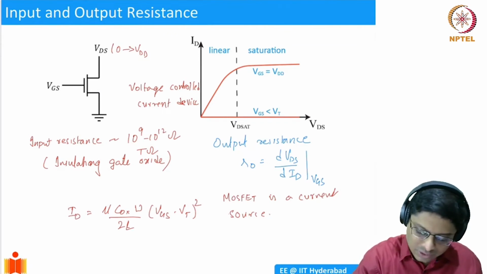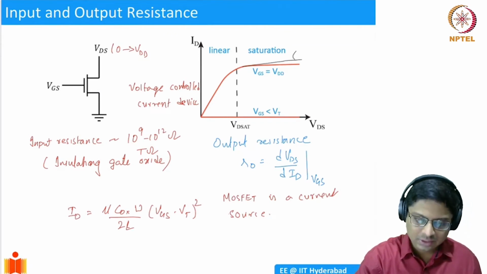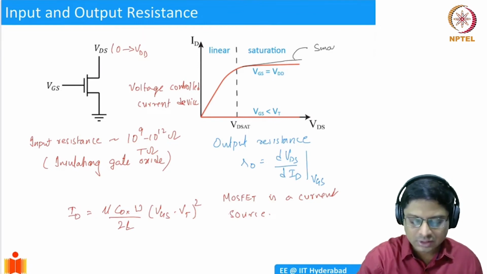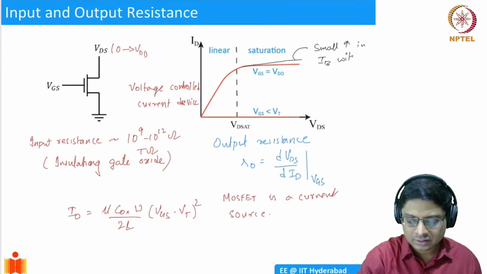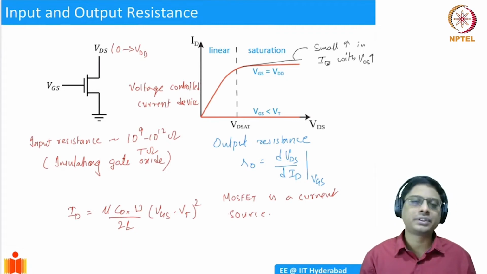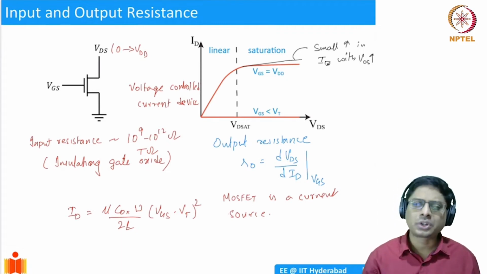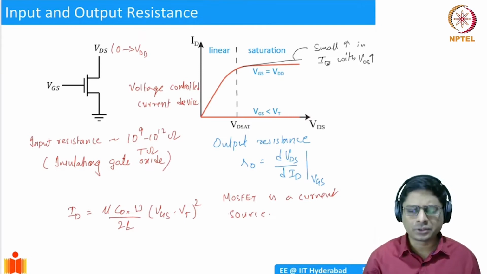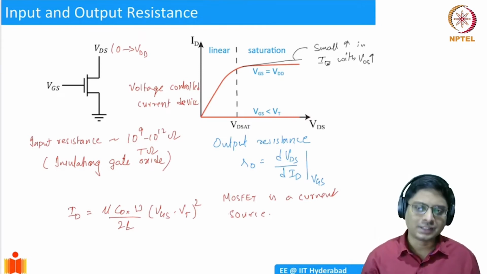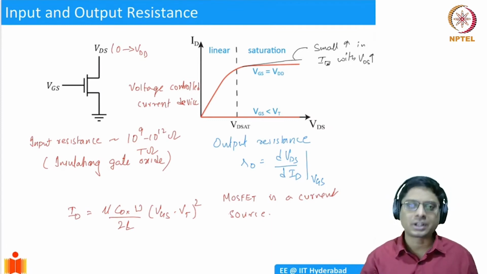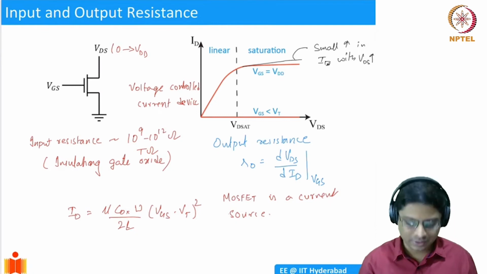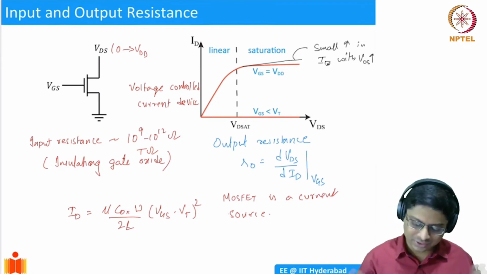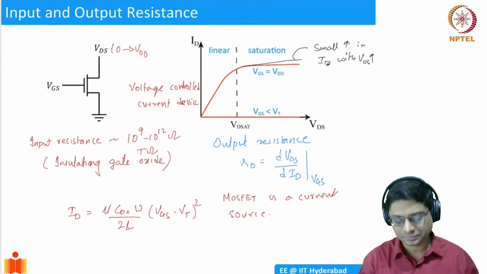There is a small increase in ID with VDS increase. Okay. This happens because of a short channel effect, known as channel length modulation. This channel length modulation becomes more and more significant in short channel devices. We will talk in detail about it next week. Okay. So for now, essentially what we're saying is there is a large output resistance and a large input resistance.